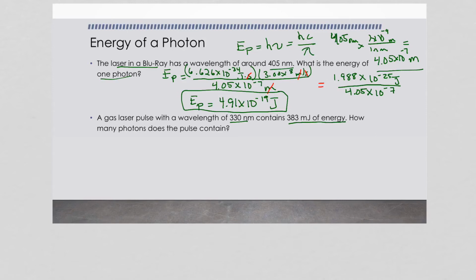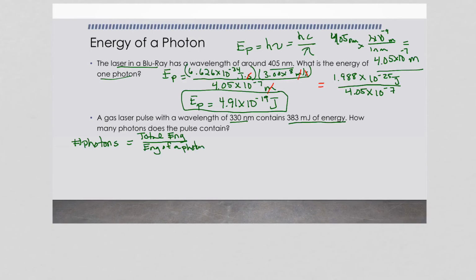So how are we going to calculate the number of photons? If we think about it, the number of photons is going to be equal to the total energy, in other words this 383 millijoules, divided by the energy of a photon.